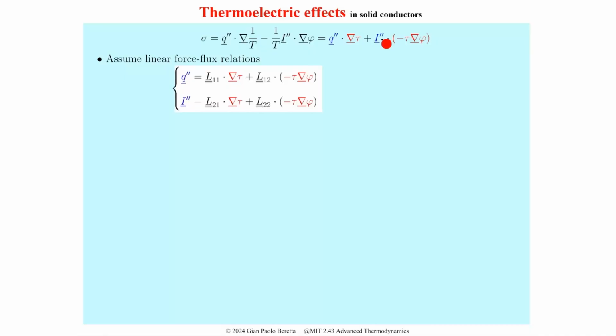I should have probably more consistently called it JQ, the diffusive flux of charge, because this is still diffusive, but since our solid is a solid that is not moving, there is no convective part of the charge, and so they are the same. So just to make it more appealing to the idea that we're talking about electrical current, something that you measure in a wire.